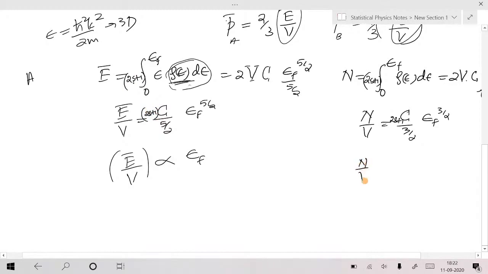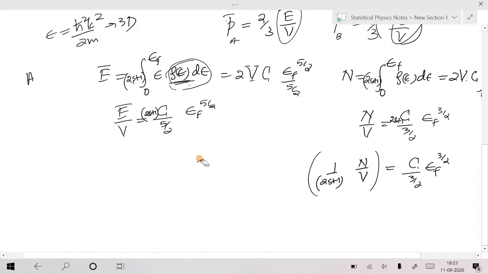Now n by V, 1 by 2s plus 1, is equal to, can anyone grab me some more easy idea here? 3 by 2. I should solve it for EF. Let me try to grab the exact term here.